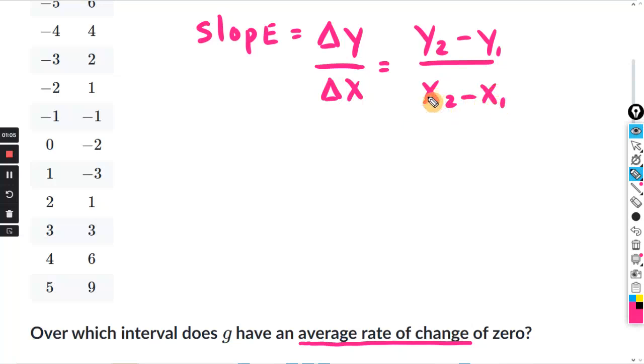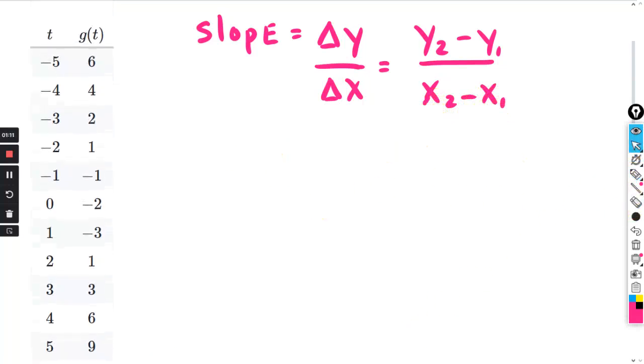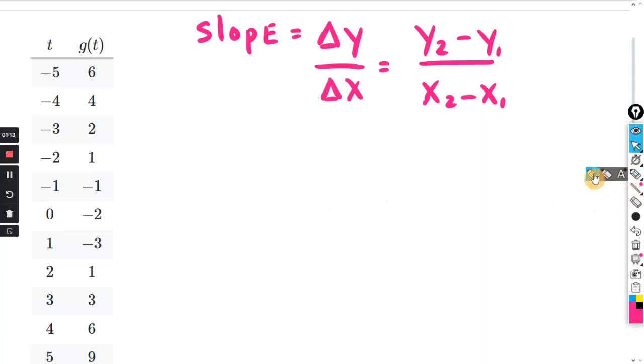All right, so we have this table here. The variable t is your x variable, and g of t is your y variable. How did I know that? Typically, x is the variable that gets inputted into the function.